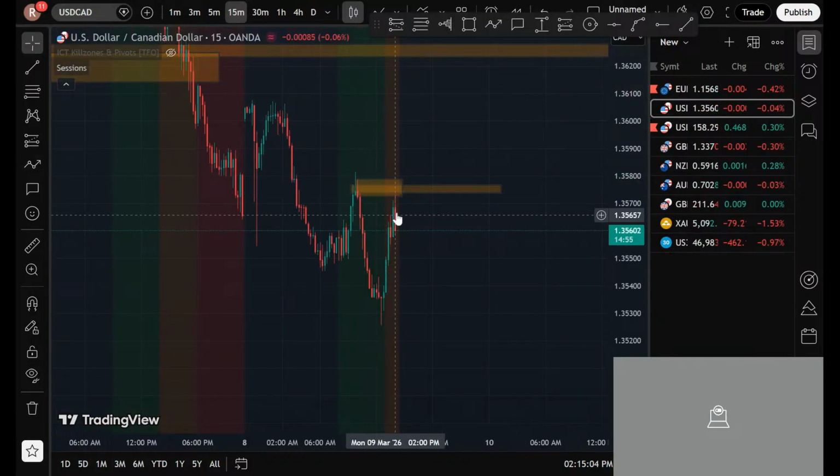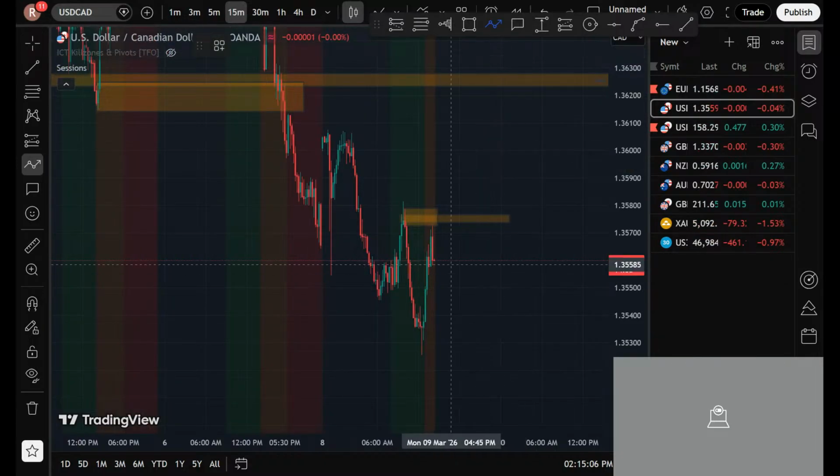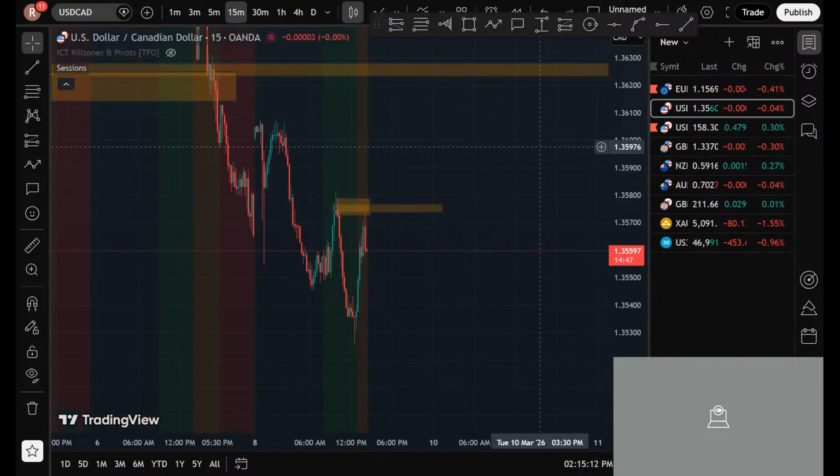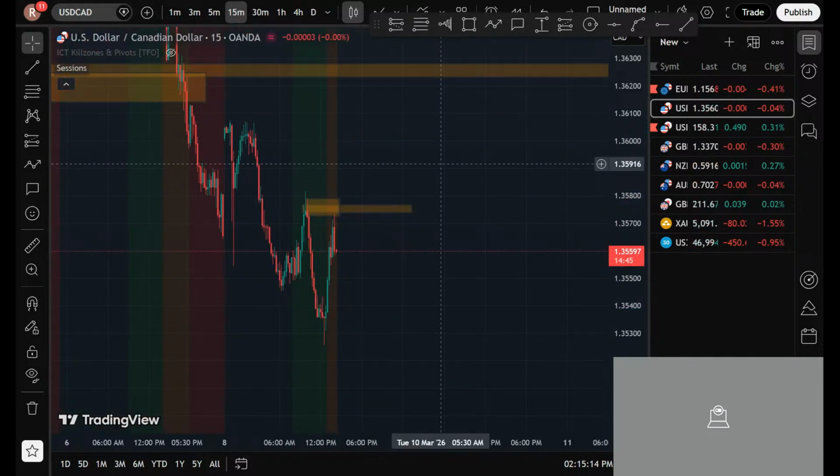It's so hard, which means most likely this order flow will be broken to go above. So yes, guys, I'm done for the day. That was the small loss I took due to fear of missing out.